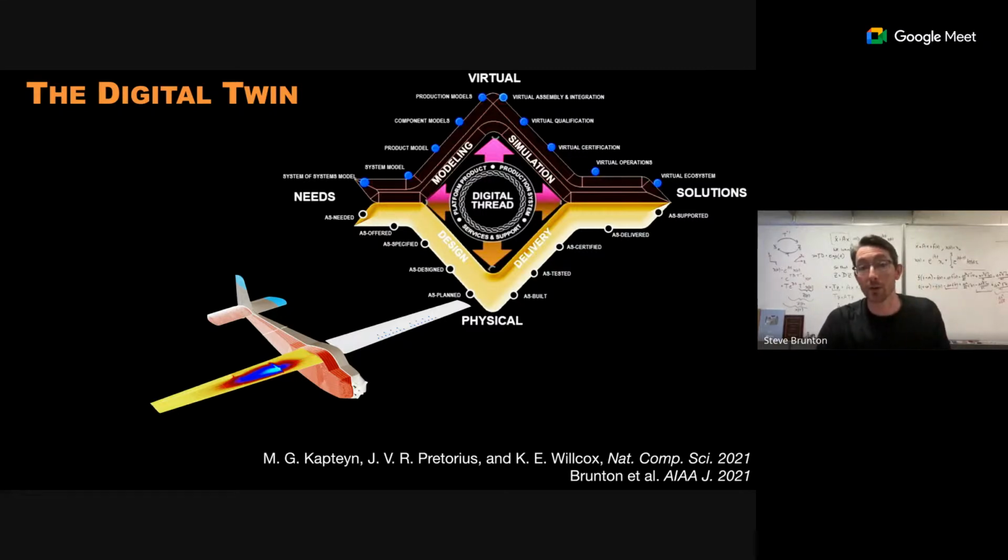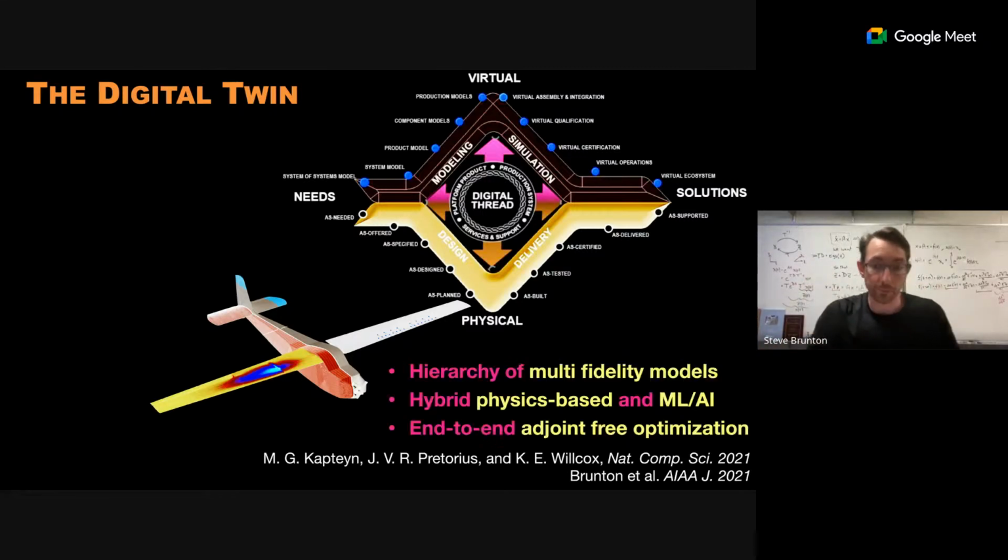So I do a ton of work with Boeing and other companies, helping them roadmap how to get machine learning into their design, optimization, and control pipeline by building these surrogate models. And again, we want them to be hybrid physics-based and machine learning. We don't want to forget physics, and we also don't want to stop using our data. We want a hierarchy of models from low fidelity to high fidelity. And this last bullet point, I say this to people at aerospace companies, and they glaze over.